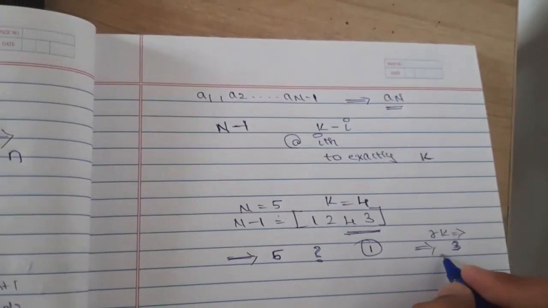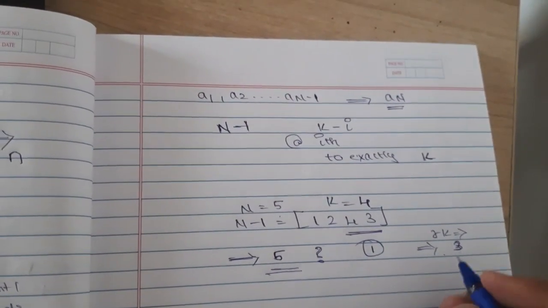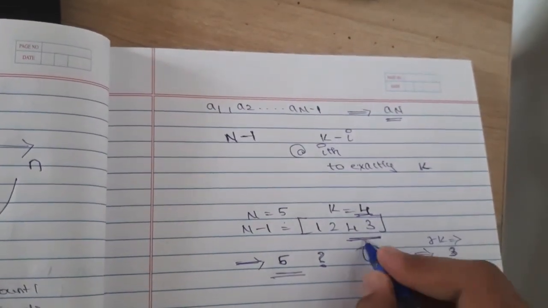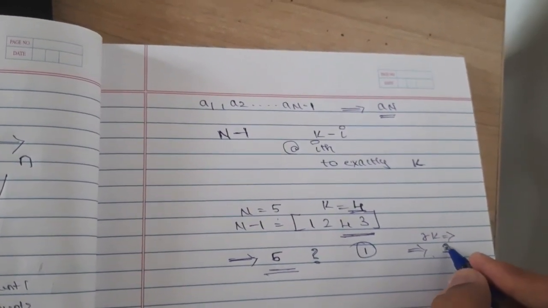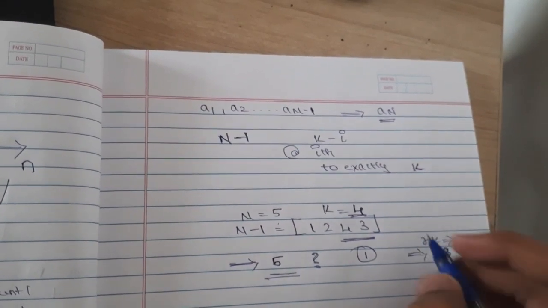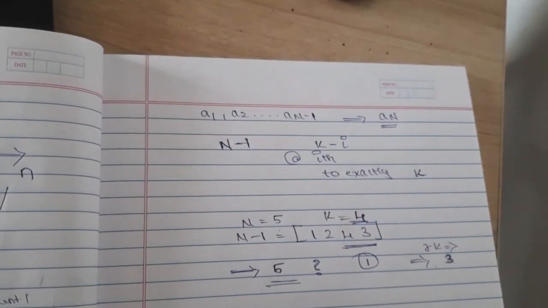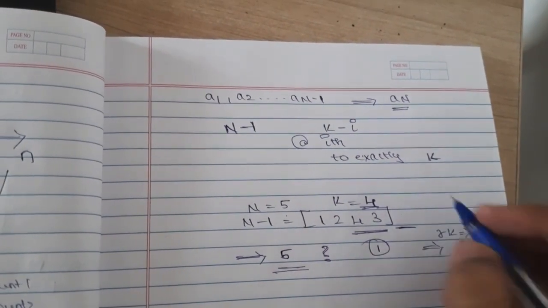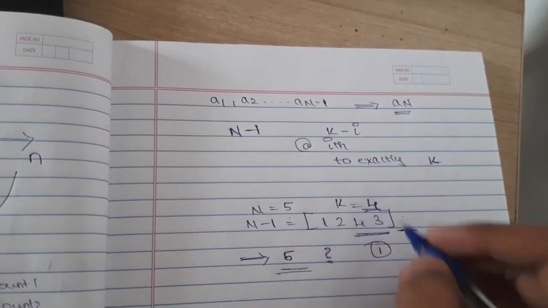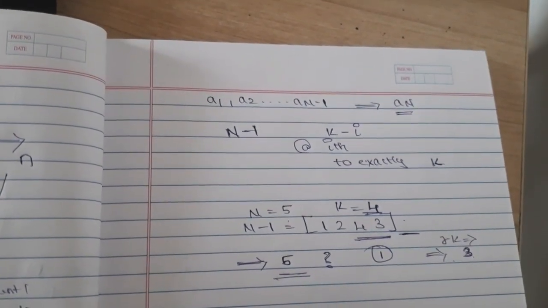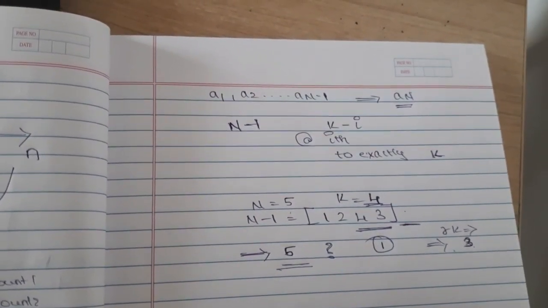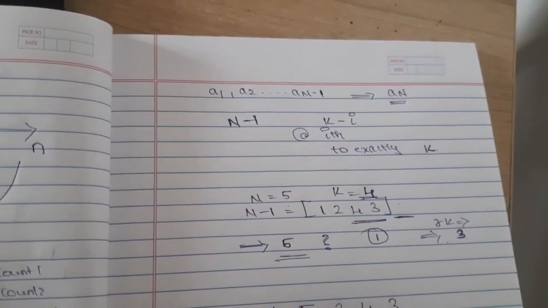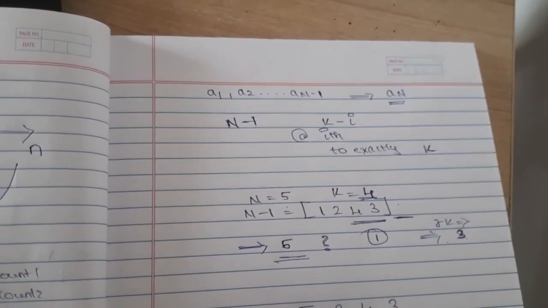We need to place the 5 in such a position that the total inversions will be 4. So instead of placing the 5 at the end, we will make a left shift of 3 positions. That will be 1, 5, 2, 4 and 3. Now we get a total of 4 inversion pairs.